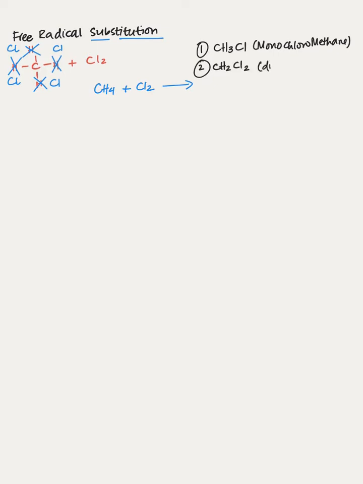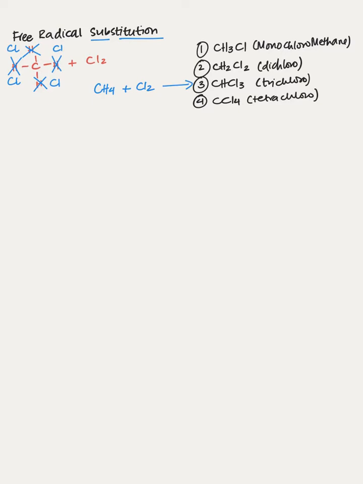This is called dichloro. There is also a possibility of getting trichloromethane, and you can also get tetrachloro, where all the hydrogens are replaced by Cls. This is called tetrachloromethane.